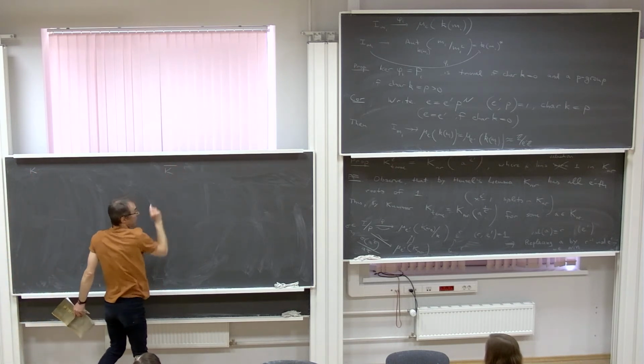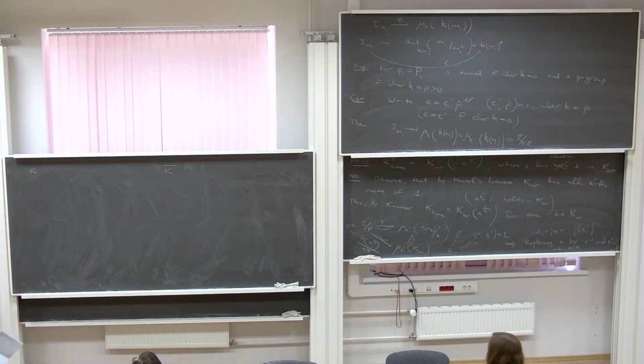Again, the same setup. So K is the fraction field of a complete discrete valuation domain with perfect residue field. So this is an infinite extension.